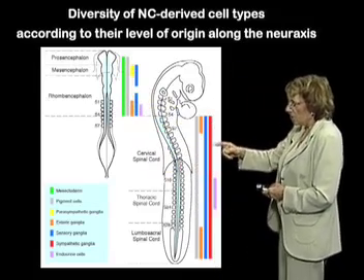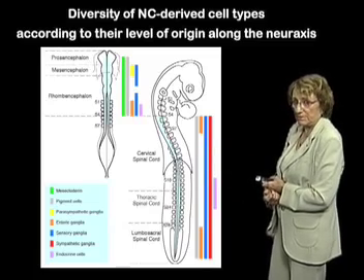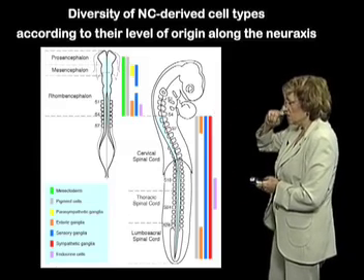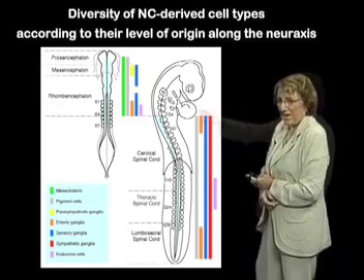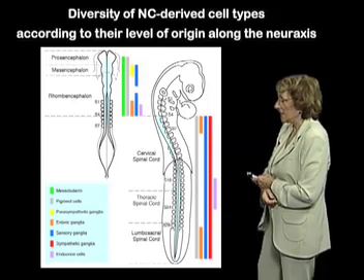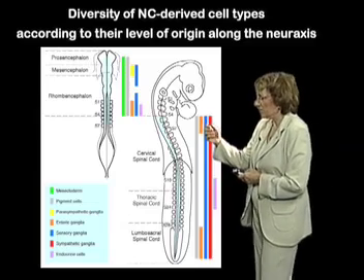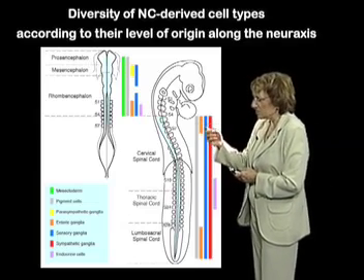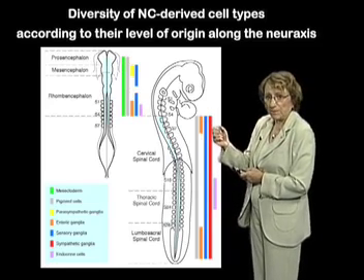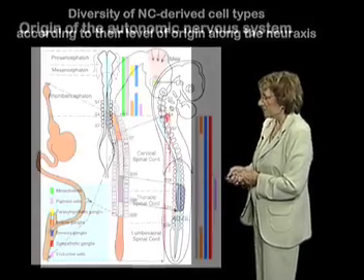The trunk neural crest, as we have seen, does not give rise to mesenchymal cell types. The cells which are going to become pigment cells arise from the whole length of the neural axis. And as far as the ganglia of the peripheral nervous system are concerned, their origin along the neural tube is regionalized. And I'm going to give you an example of this.